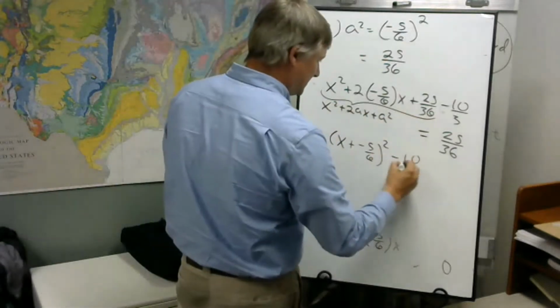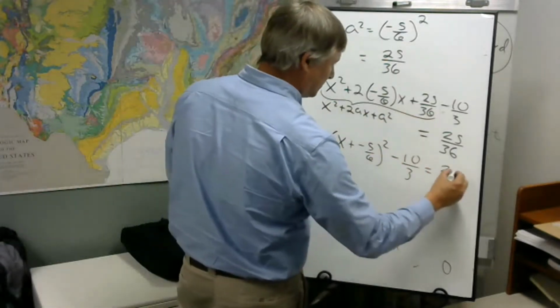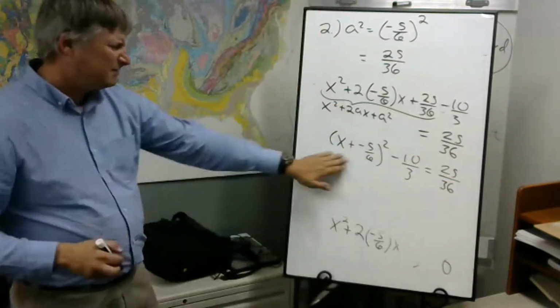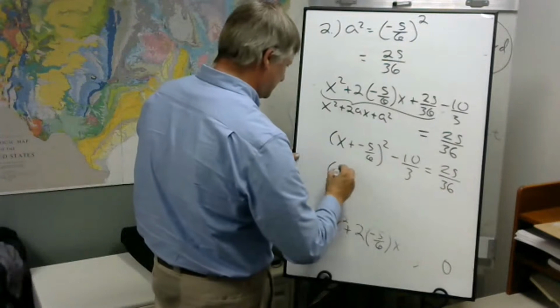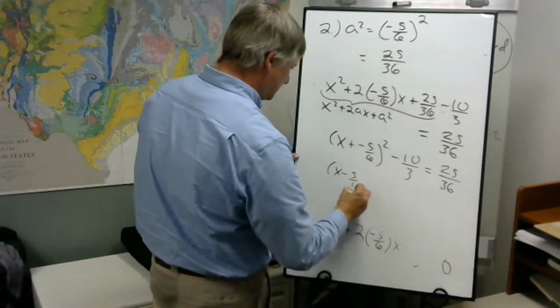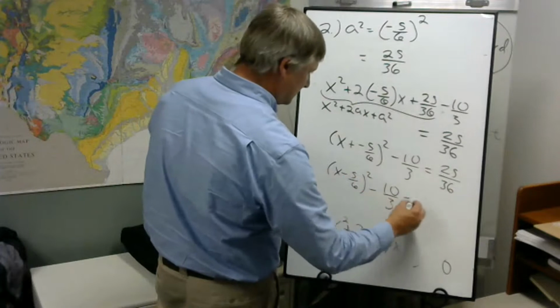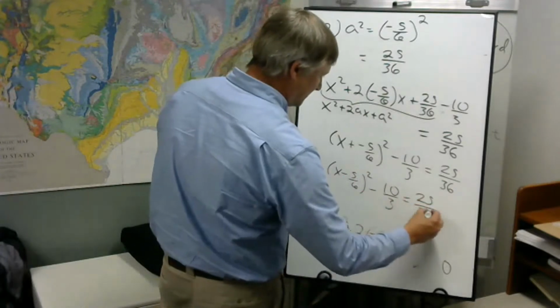And we still have the minus 10/3 equals 25/36. And plus a negative, that's just x minus 5/6 squared minus 10/3 equals 25/36.